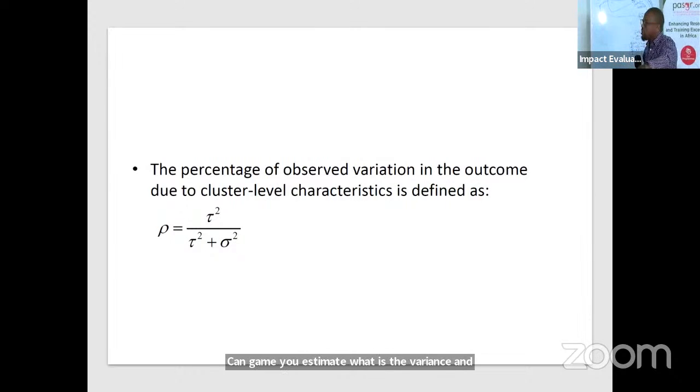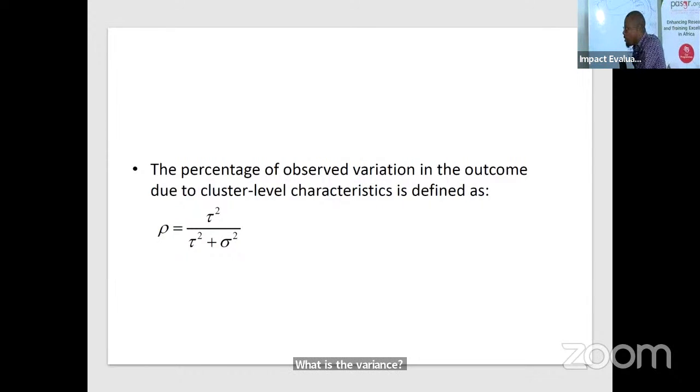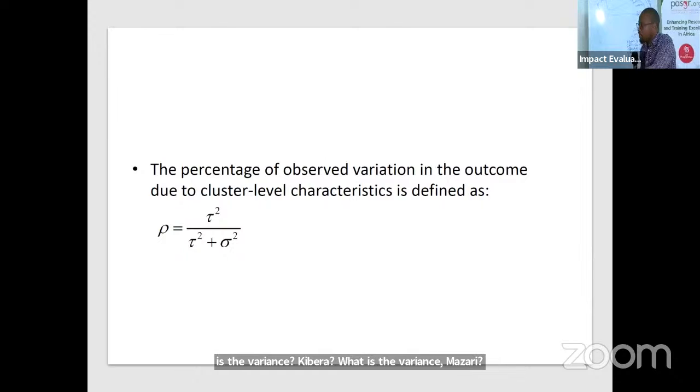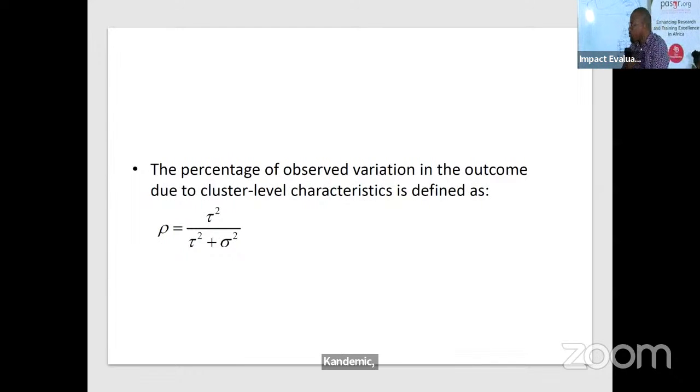What is the variance, Kibera? What is the variance, Madare? What is the variance, Kayole? Those are within cluster variation. And then you estimate what is the variance between Kangemi and Kayole, Madare, Kibera. Are we together?